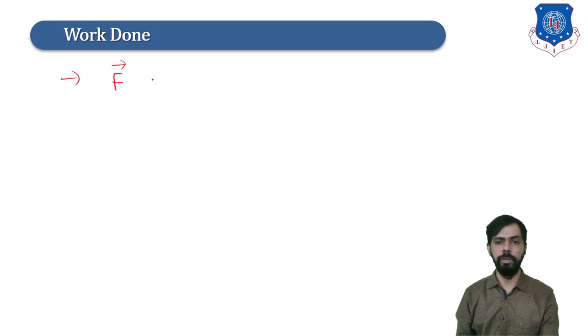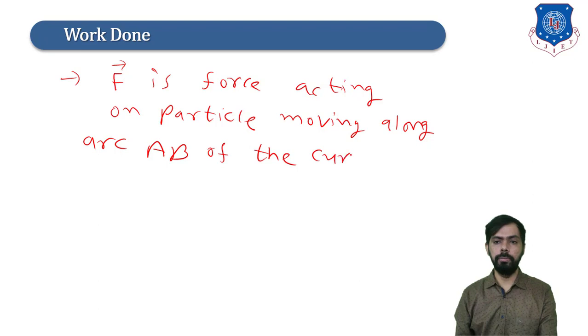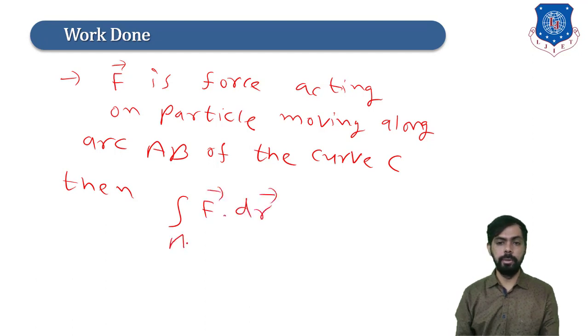If vector field F is a force acting on a particle moving along arc AB of the curve C, then the line integral of F dot dr, integration from A to B, represents work done in displacing the particle from point A to point B. So this represents work done.